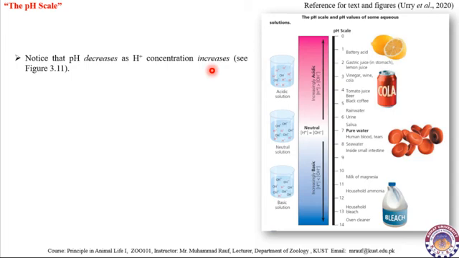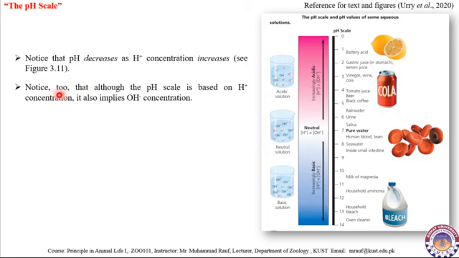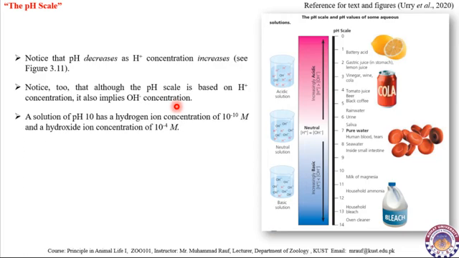So what is the mystery behind that? Although the pH scale is based on hydrogen ion concentration, it also implies hydroxyl ion concentration. A solution of pH 10 has a hydrogen ion concentration of 10 raised to the power minus 10 and a hydroxide ion concentration of 10 raised to the power minus 4.